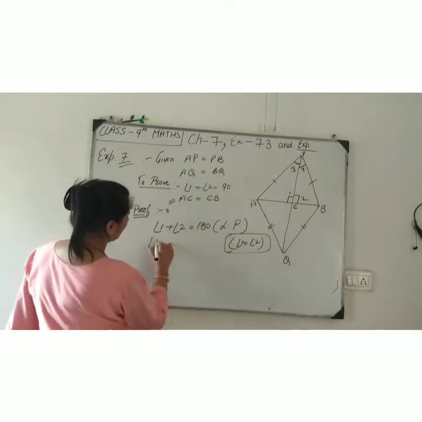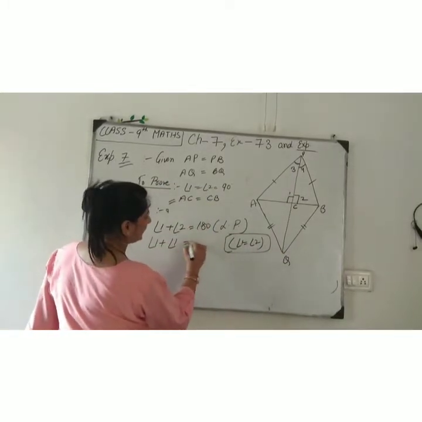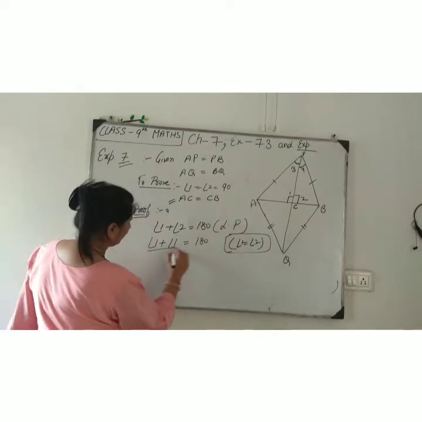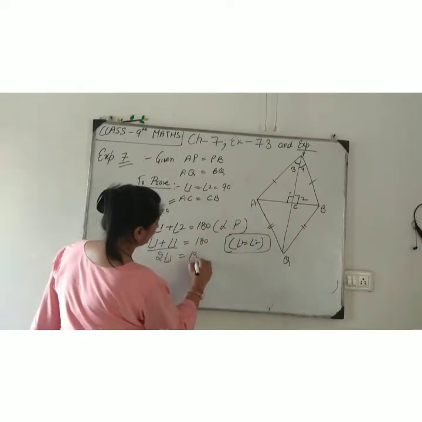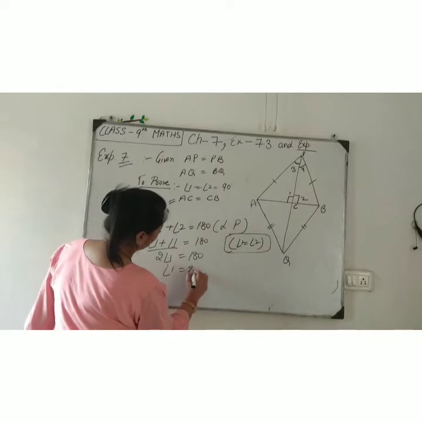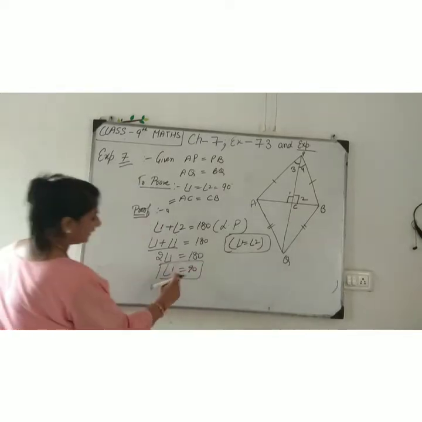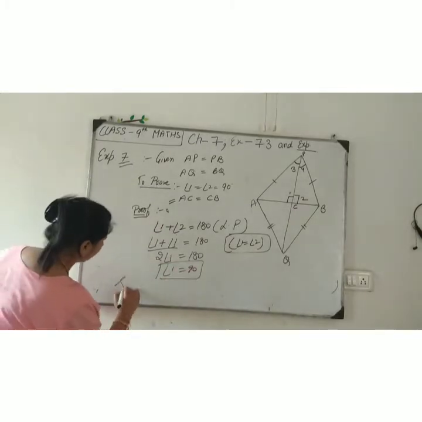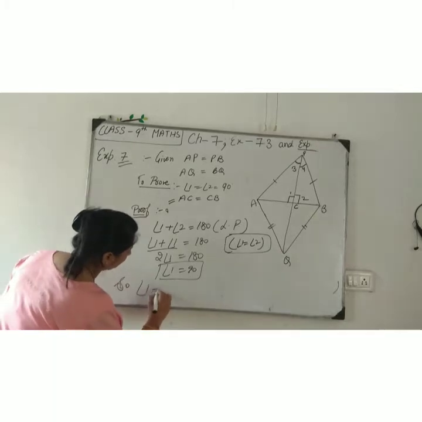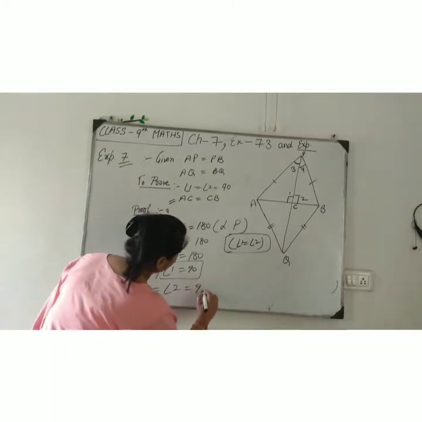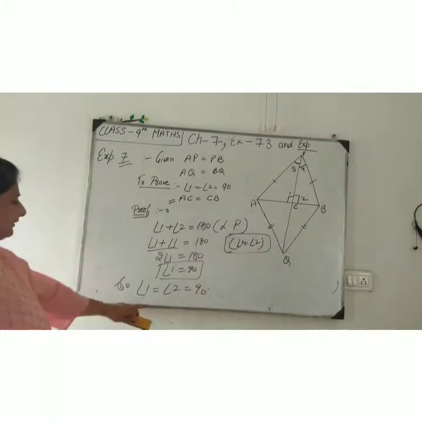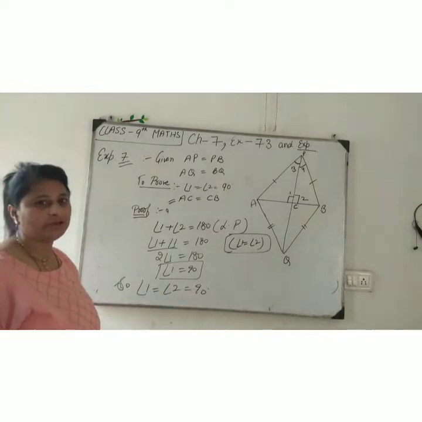So, instead of angle 2, can I write angle 1? Yes, definitely. Then 2 angle 1 equal to 180 degrees, angle 1 equal to 90. If angle 1 equal to 90, can I write angle 1 equal to angle 2 equal to 90? So, at last, hence proved. Now it is clear to all?